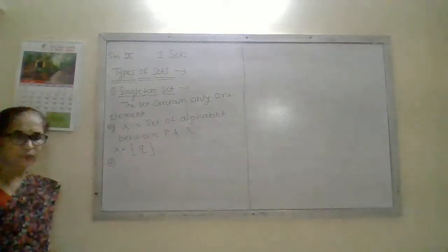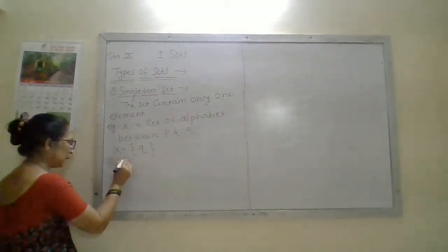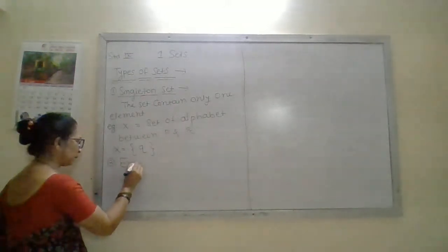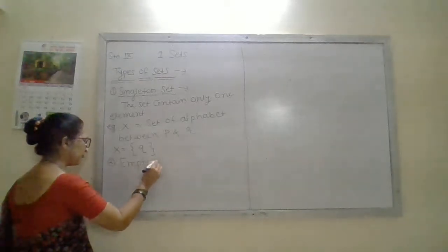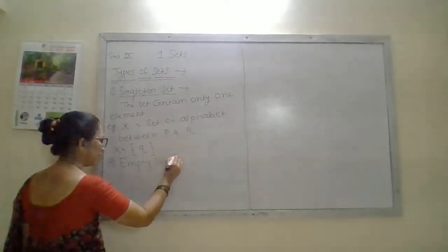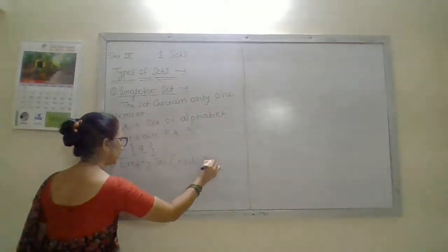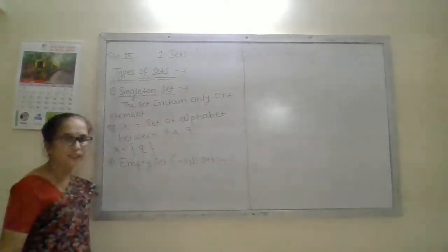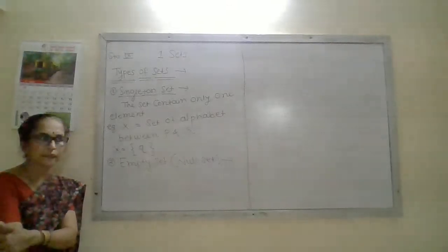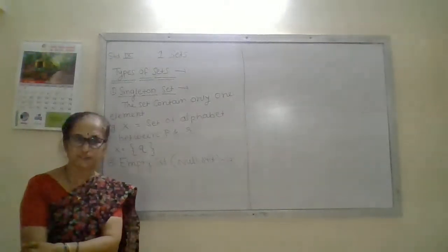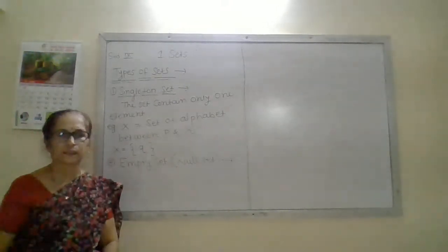Now the second type. The second type is the empty set. The empty set is also known as the null set. What is the meaning of empty? If you say, I have an empty tiffin, what does it mean? Nothing inside the tiffin.